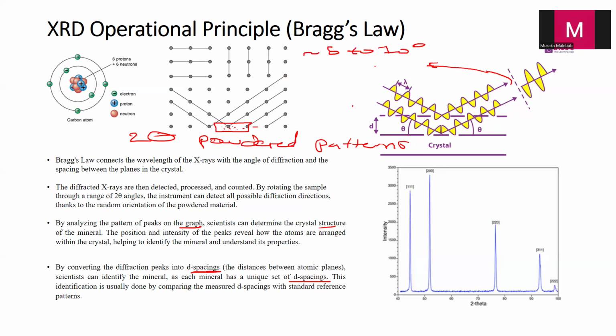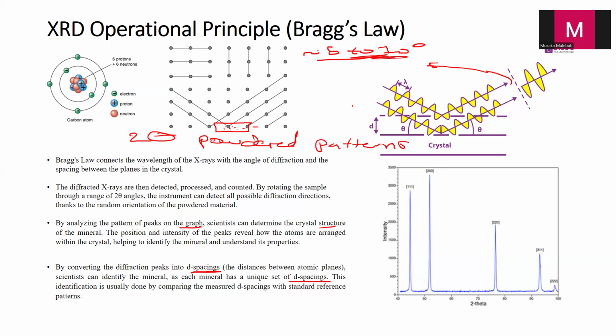So what about this angle? It is very important because during an XRD experiment, the data needs to be collected over a specific range of angles, not only one angle. Usually approximately 5 to 70 degrees. This means the detector is capturing how the X-rays are scattered by the sample over this range of angles.